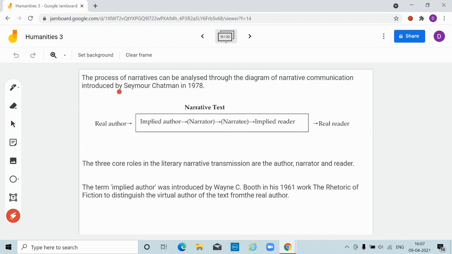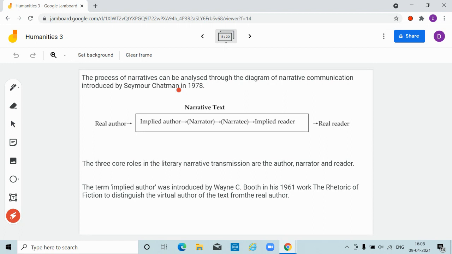Now we have to look at the concept introduced by the American literary critic, who was more popular as a film critic, Seymour Chatman. This concept was introduced by Chatman in the year 1978. He introduced a diagram of narrative communication.